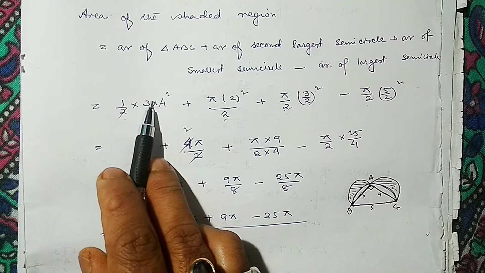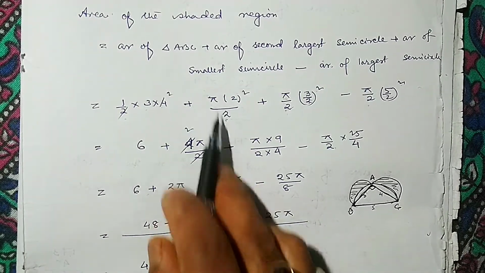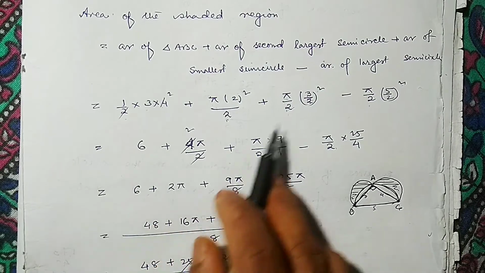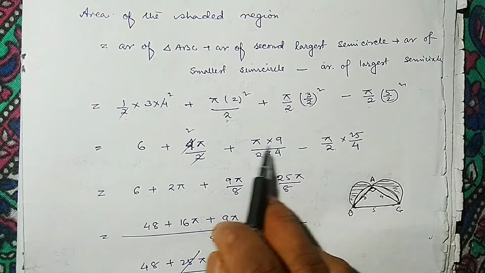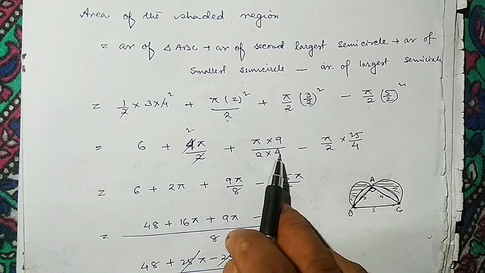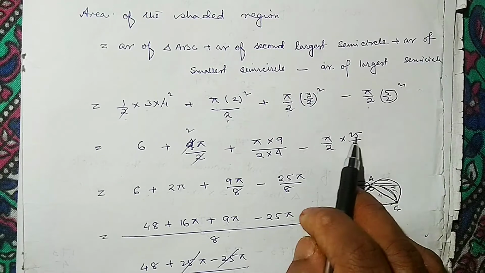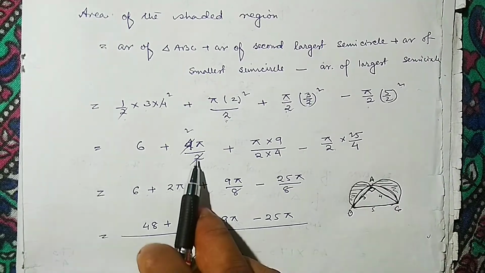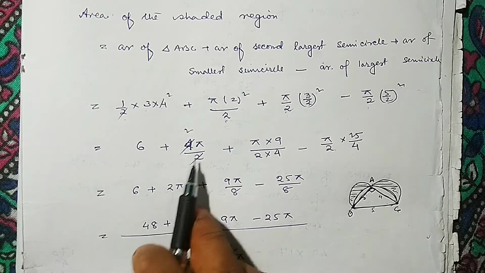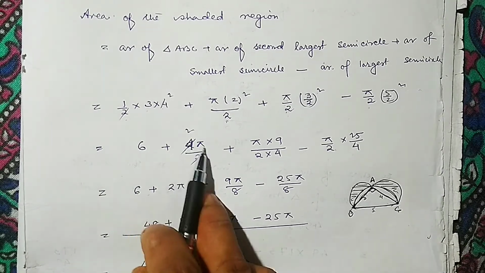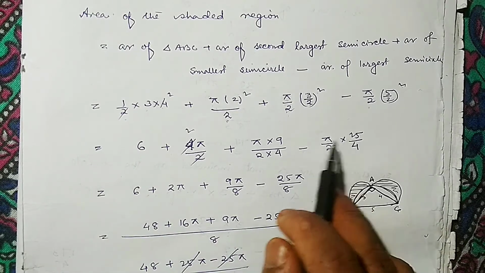We got 2, so 3 2s are 6, plus 2 2s are 4, 4 by 2 pi, that is 2 pi, plus 3 3s are 9, 9 pi by 8, and 2 4s are 8, minus pi by 2 into 5 5s are 25, 25 by 4. Now 2 and 4 can be cancelled. We got 2 pi. So we got 6 plus 2 pi plus 9 pi by 8 minus 25 pi by 8.